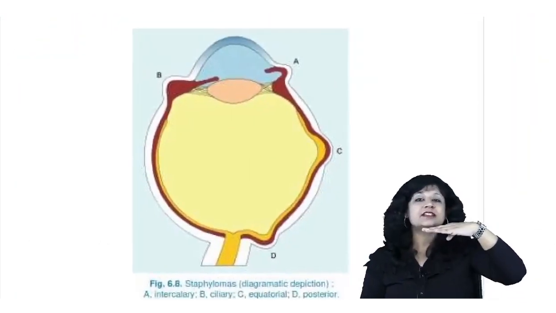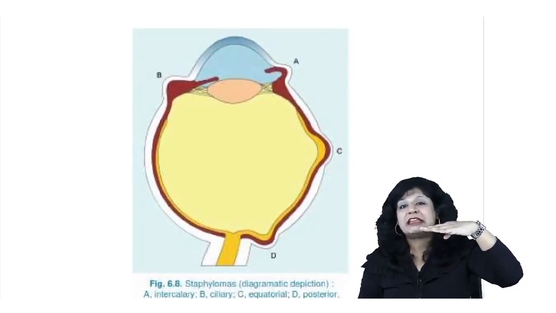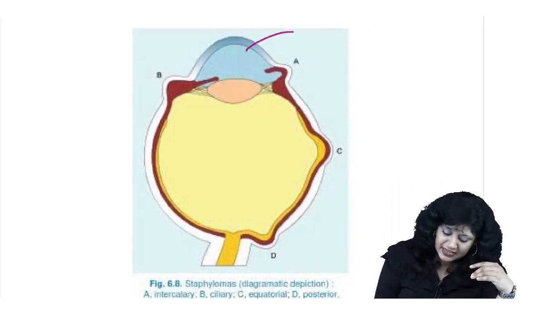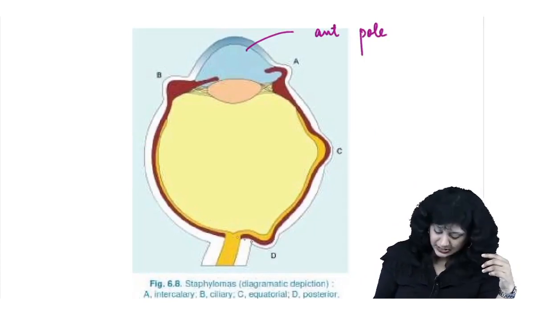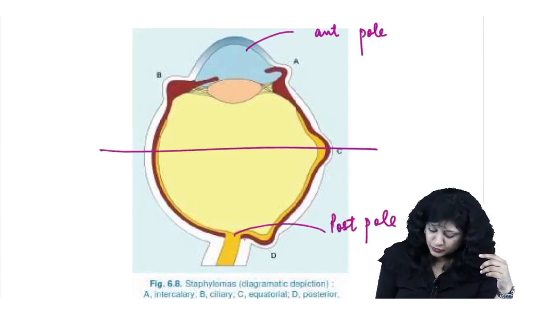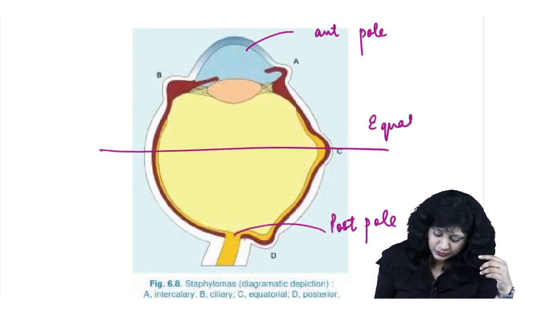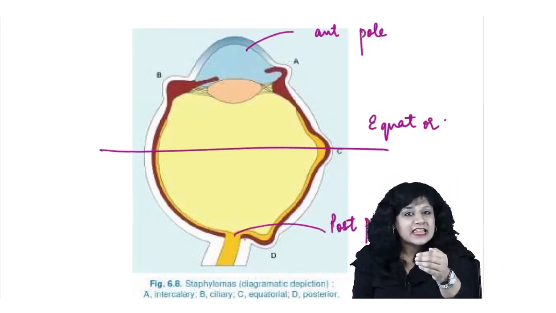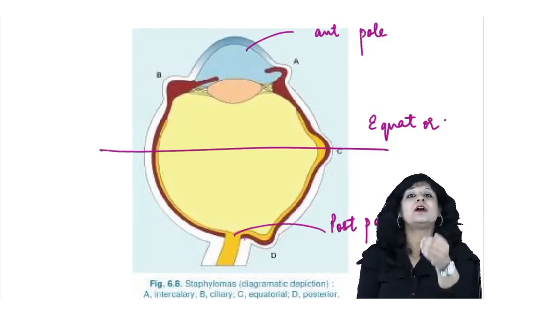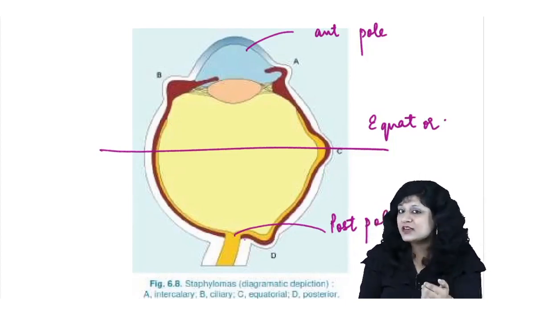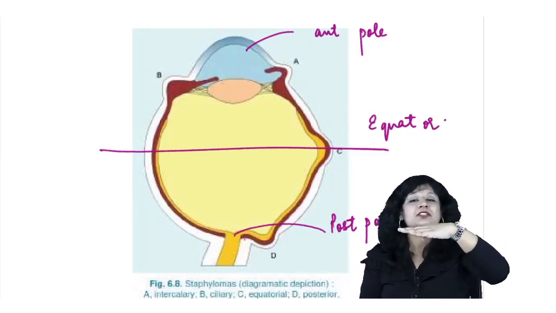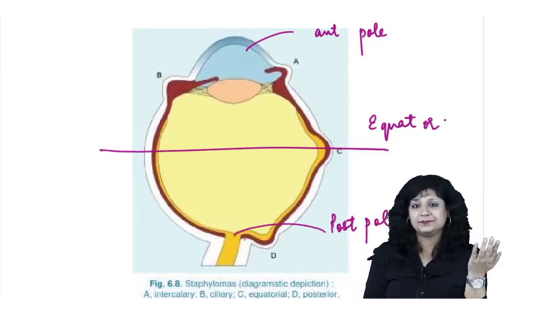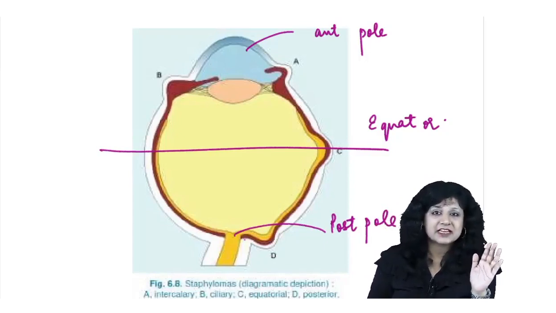What are the geographical landmarks? Anteriorly we have the anterior pole of the eyeball, the posterior pole, and in the center the equator. These three things are very easy to remember. So anterior ectasia will be anterior staphyloma, posterior ectasia will be posterior staphyloma, and passing through the equator is equatorial staphyloma. Is this very clear?